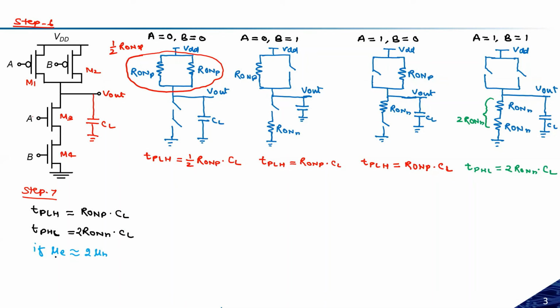Sir, the resistance R on N is equal to half times R on P. Okay, so R on N is equal to half of the R on P. Perfect.